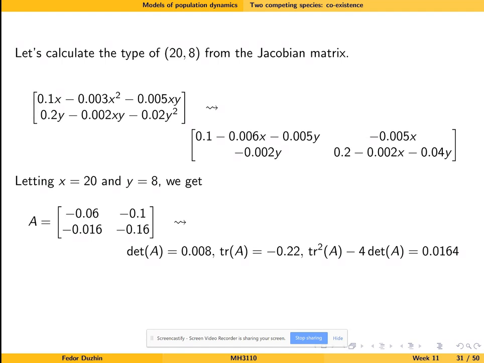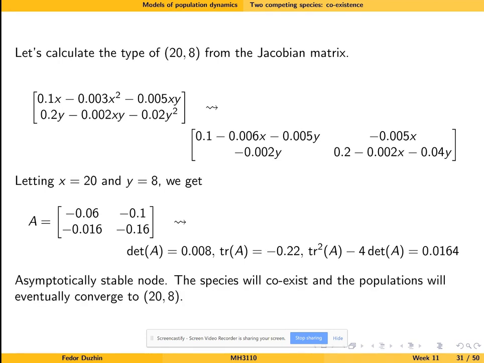Since the discriminant is positive, we have real eigenvalues. Determinant positive means both are positive or both negative, and trace negative means both are negative. So it is an asymptotically stable node, and therefore the species will coexist, and the population levels are going to eventually stabilize at 20 for x and 8 for y.